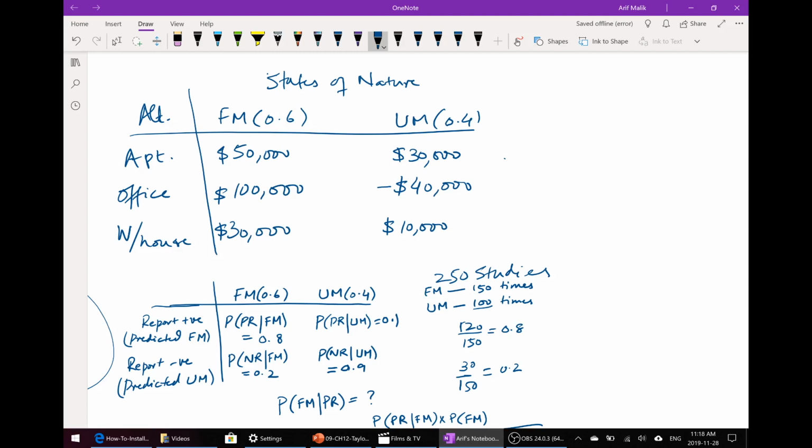The probability of favorable market is 0.6 and the probability of unfavorable market is 0.4. In this table, payoffs are according to the alternatives and the states of nature. So we have already seen this example.